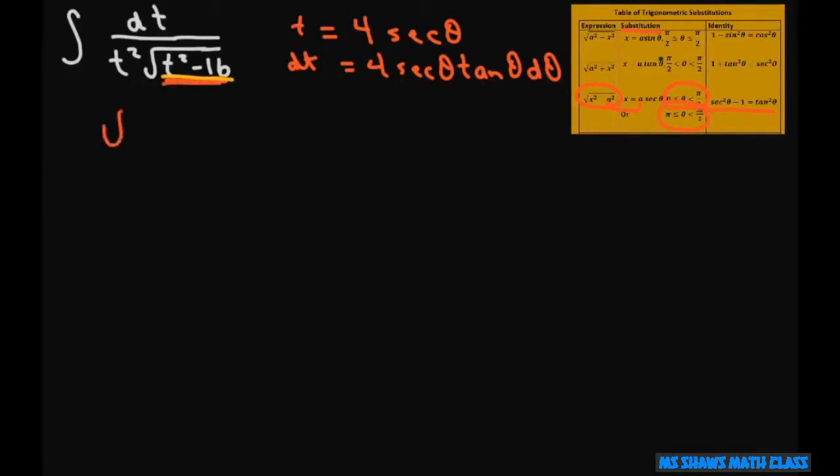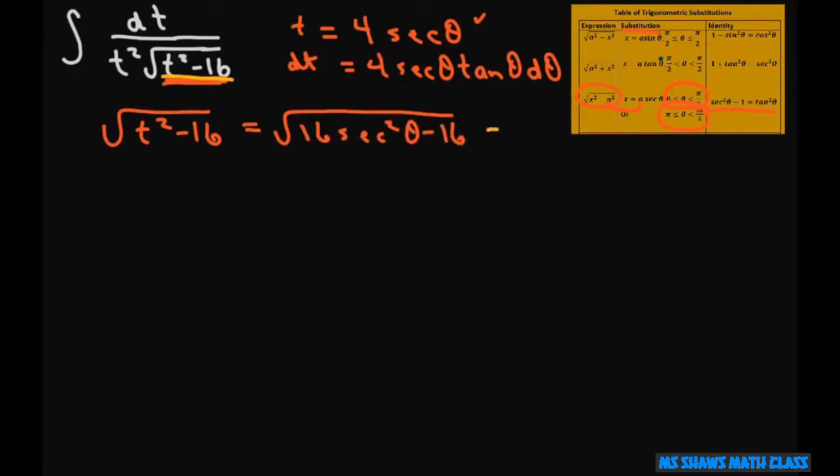You'll get t squared minus 16 equals, and square this. So that's going to give you 16 secant squared theta minus 16. And that's going to give you square root.